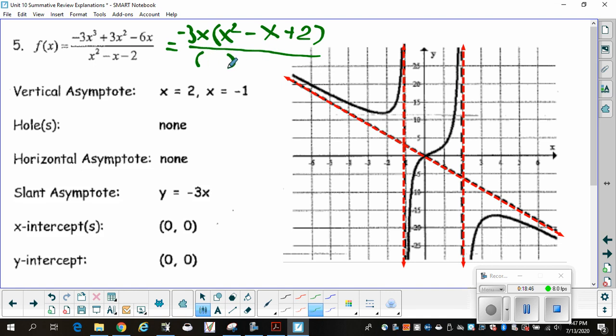And if we factor that, we're going to get x minus 2 times x plus 1. Notice that these two are the same, x squared minus x minus 2, x squared minus x minus 2. I just factored it here. Now, what does that tell us?